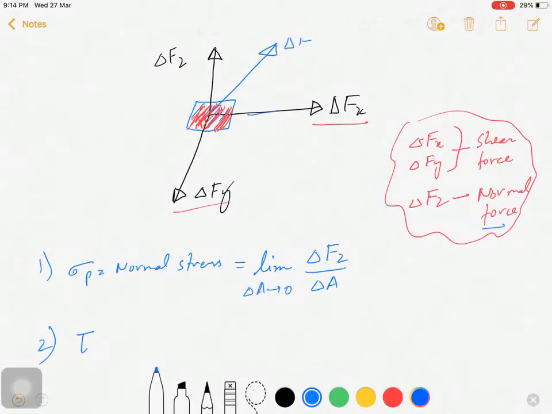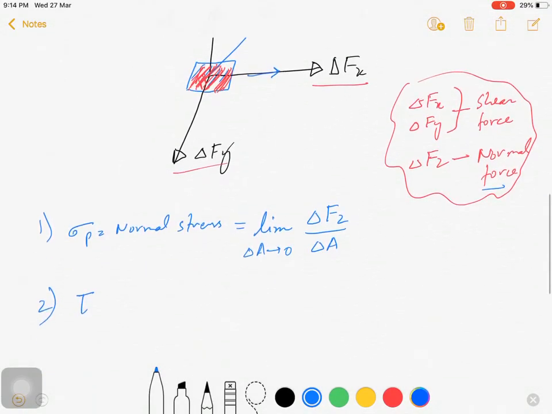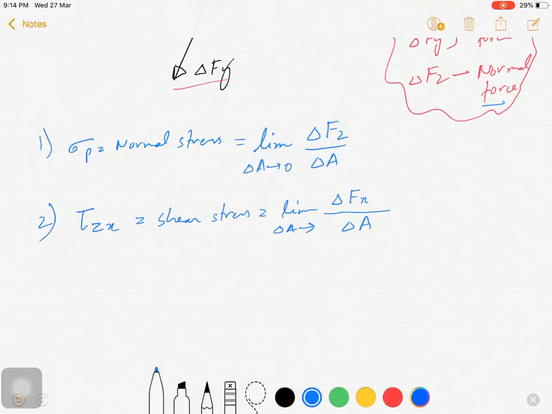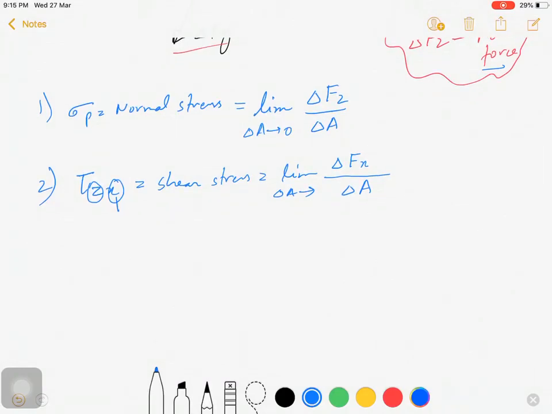Shear stress in the x direction, in the xy plane, would be tau zx, which is equal to the limit as delta A tends to 0 of delta Fx, the resisting shear force, divided by delta A. So tau zx is shear stress in the x direction in the plane perpendicular to the z direction. The next shear stress would be tau zy, which is shear stress in the y direction, in the plane perpendicular to z.